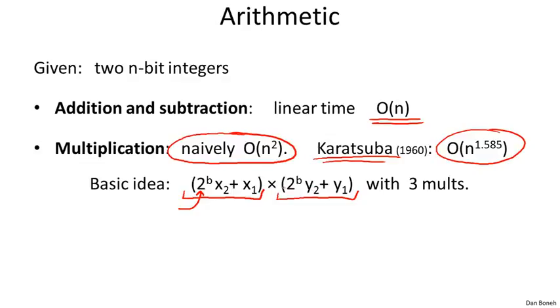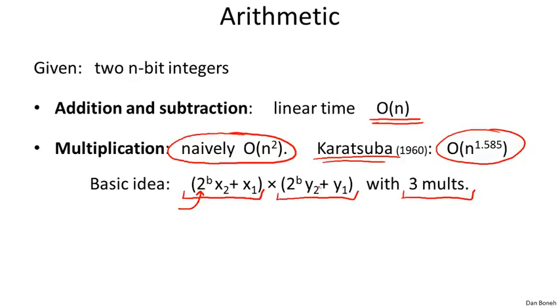Normally if you try to do this multiplication, when you open up the parentheses, you see that it would require four multiplications: x2 times y2, x2 times y1, x1 times y2, and x1 times y1. What Karatsuba realized is that there's a way to do this multiplication of x by y using only three multiplications of x1, x2 and y1, y2.